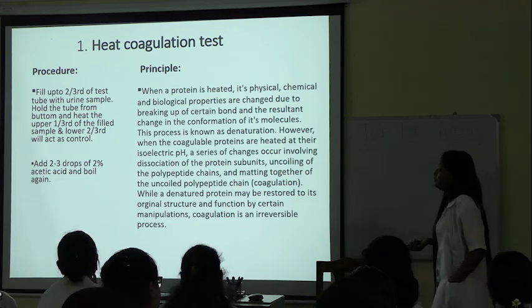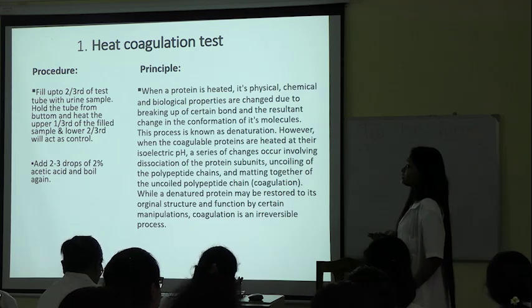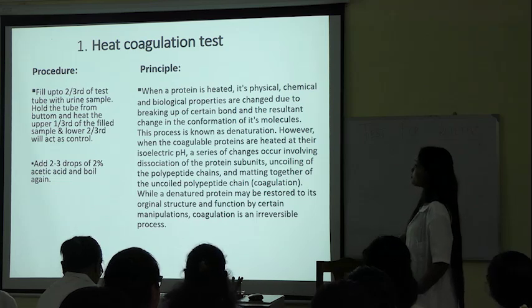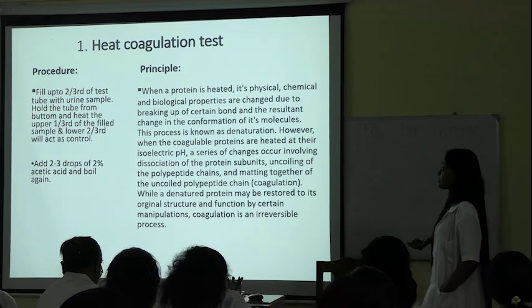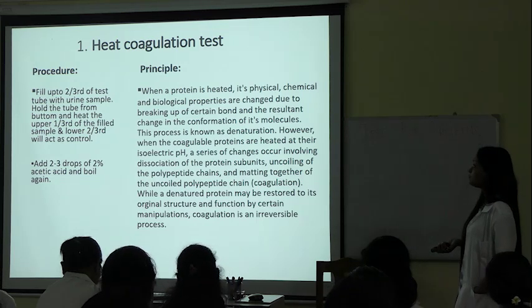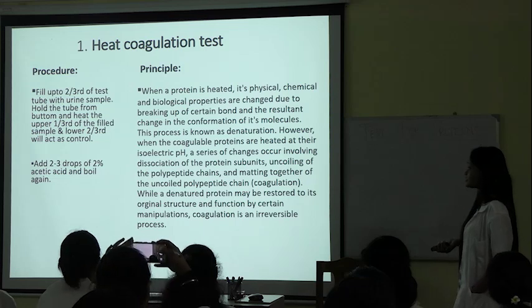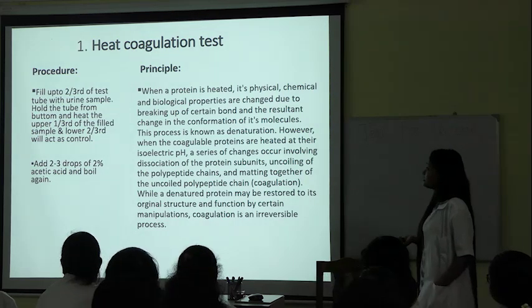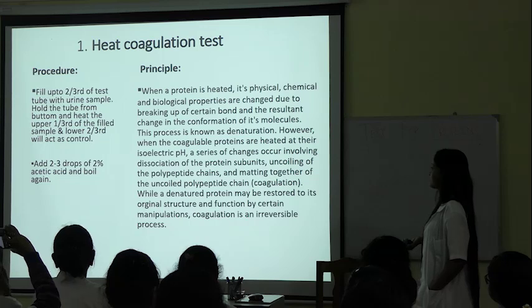The principle of the heat coagulation test is that when a protein is heated, its physical, chemical and biological properties are changed due to the breaking up of certain bonds and the resultant change in the conformation of its molecules. This process is known as denaturation.